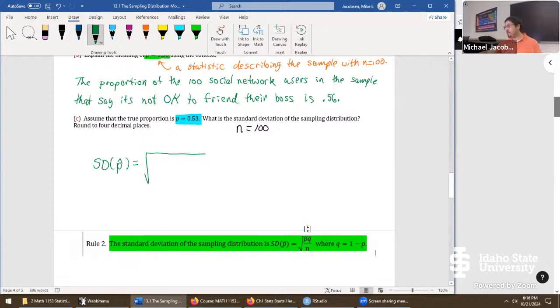And down below right over here, we put in p to start, so 0.53. Then the next portion is q. That's going to be 1 minus 0.53. Then we take that whole quantity, divide by the sample size, which is 100. So this gives us the standard deviation once and for all.